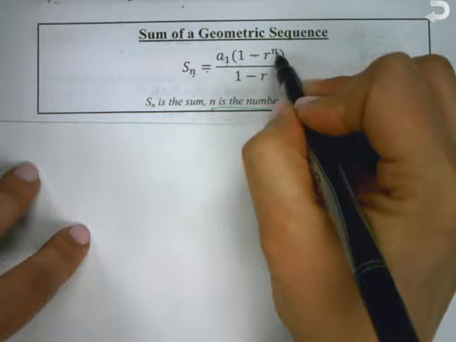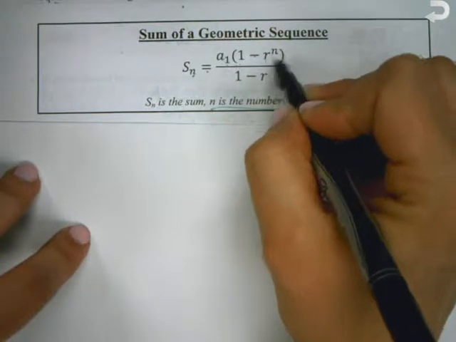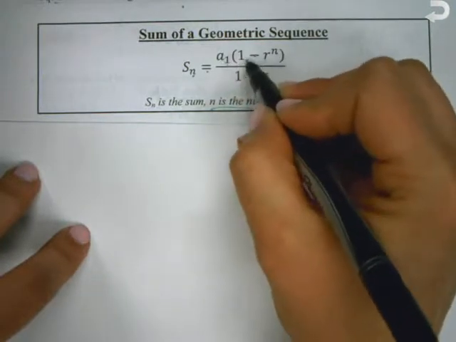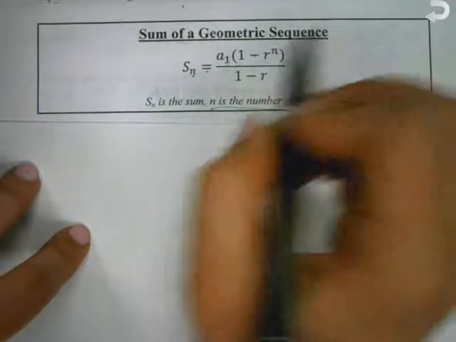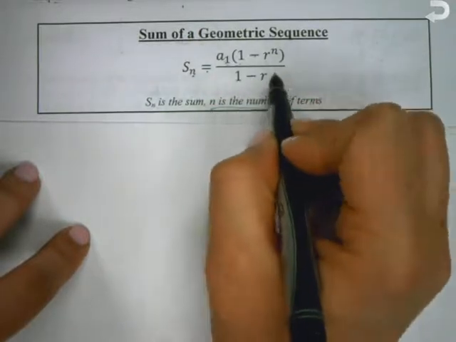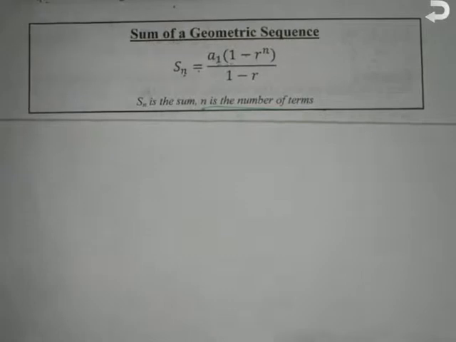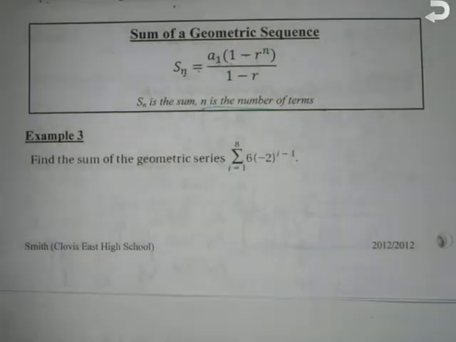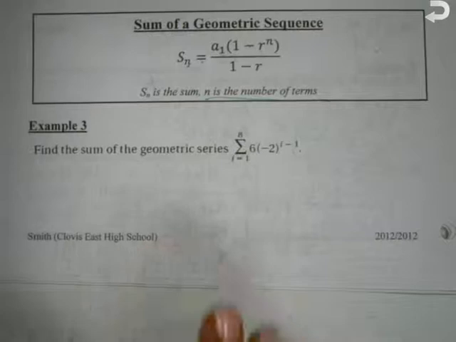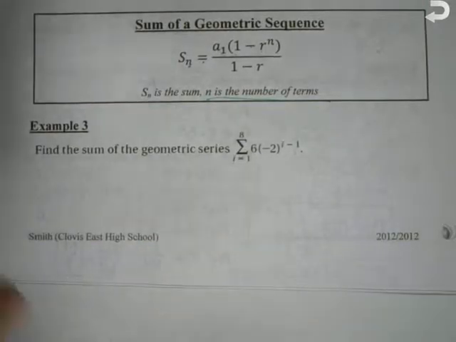So look at example 3. I want to find the sum of the series from 1 to 8, so we're adding the first 8 terms of the geometric sequence 6 times negative 2 to the i minus 1. What is a sub 1?